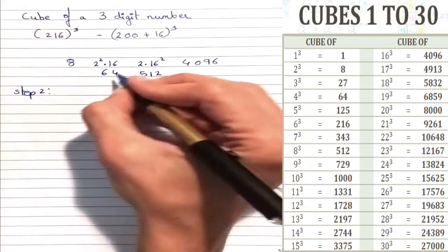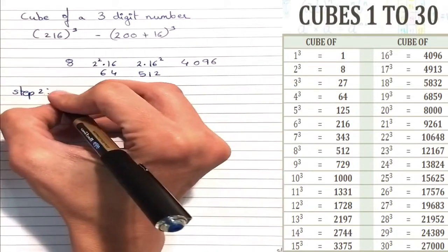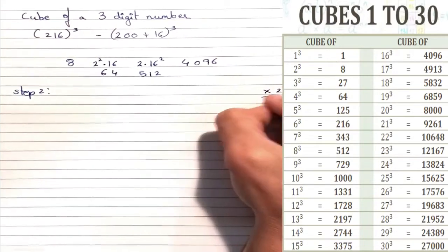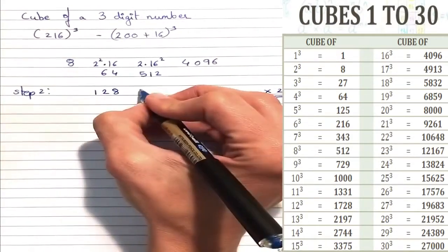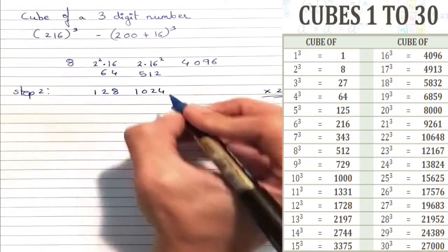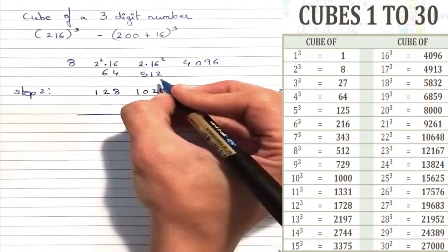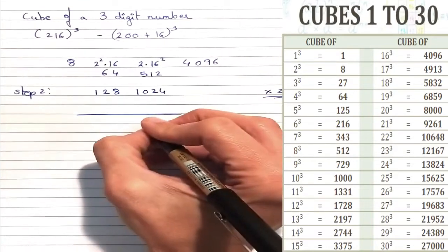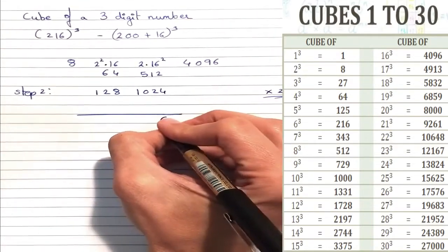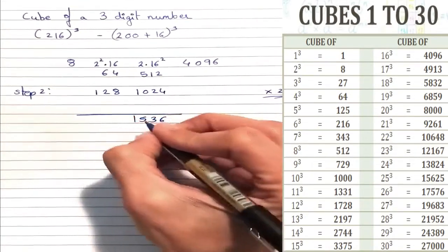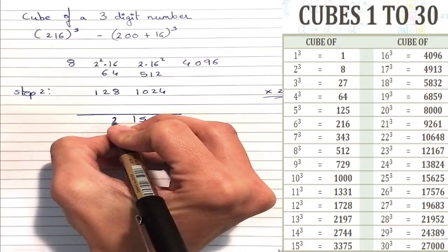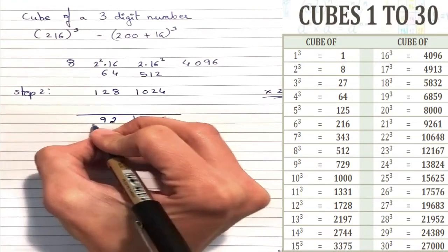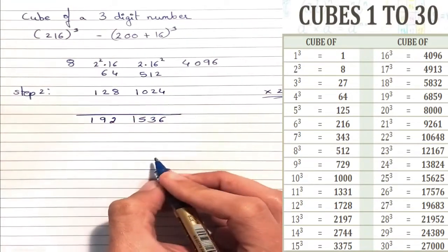Now in step 2, we'll multiply the middle numbers. So 64 into 2 would be 128, and 512 multiplied by 2 will be 1024, right? Now we'll add these two numbers. So it will be 1536, and 128 plus 64 will be 192.